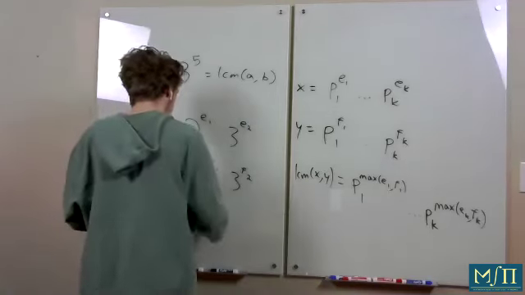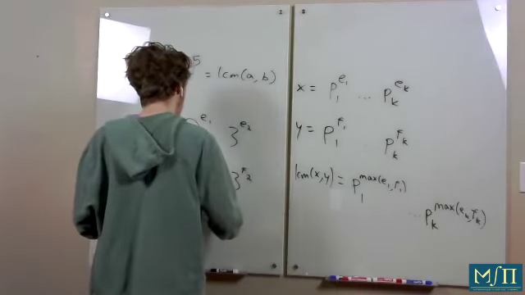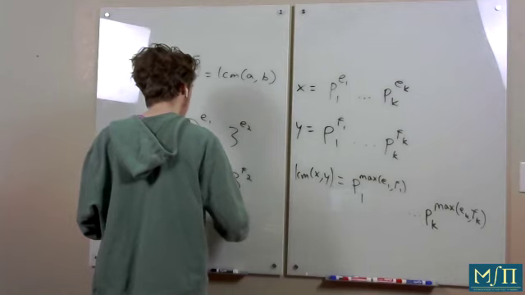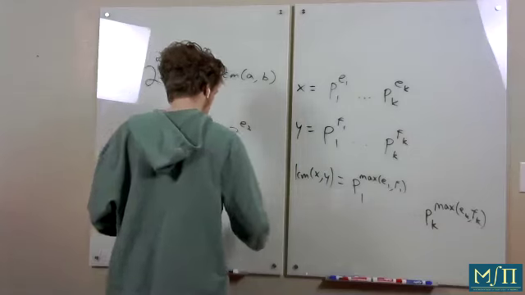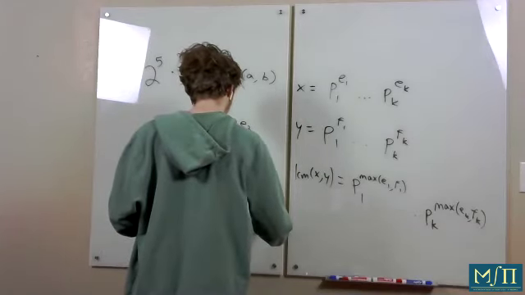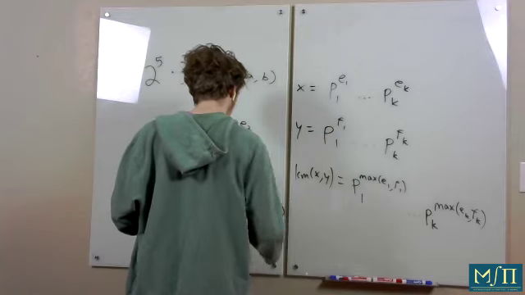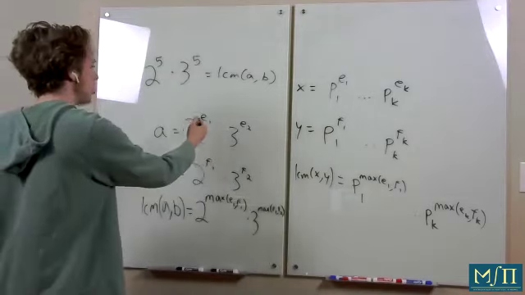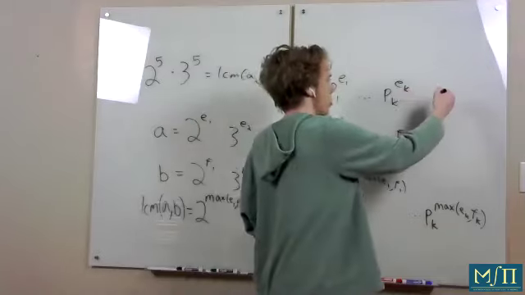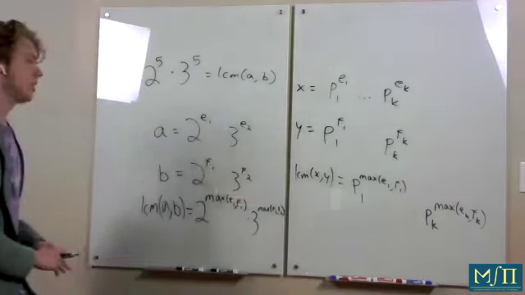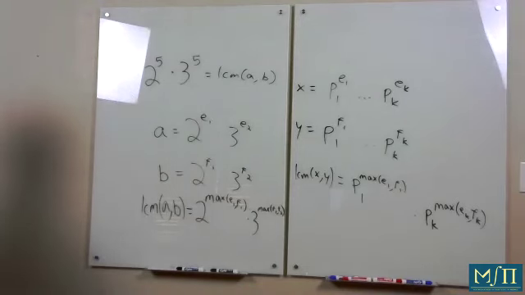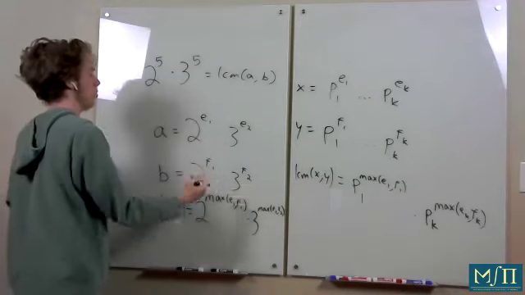But actually, even if E1 and F1 were both 0, this would still be true, because if there were some other prime with exponents 0 and 0, you could just take max of 0 and 0, and that doesn't hurt anything. So this will still be true, even if both of E1 and F1 are 0.